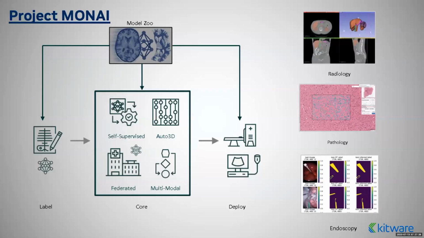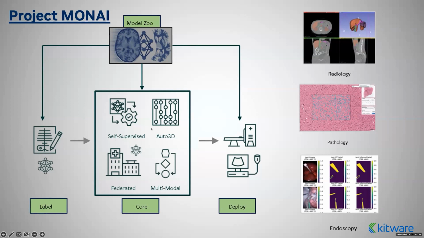And as Michael was talking about, there's multiple components to MONAI. And there's the core, which we're going to talk about primarily today, the center part, which encompasses things such as federated learning, dealing with multimodality, supervised and unsupervised techniques, AutoSeg 3D, and then UNet and so forth.